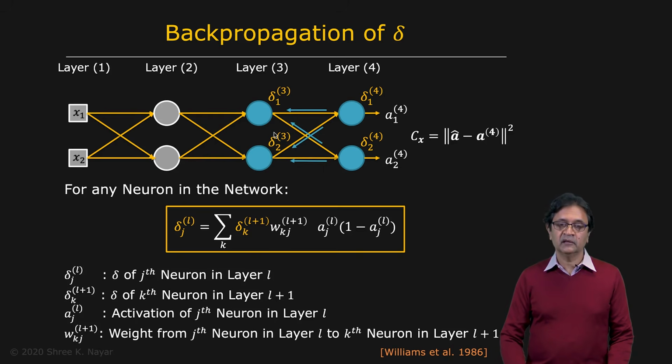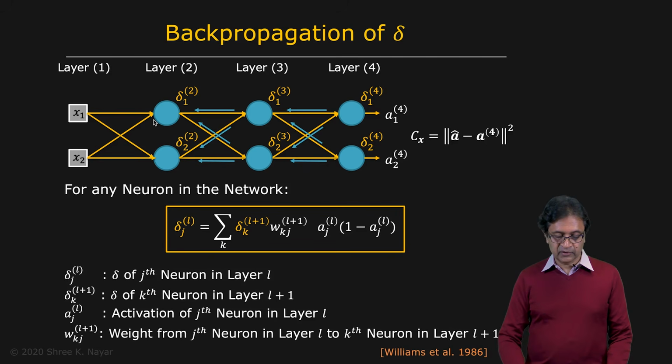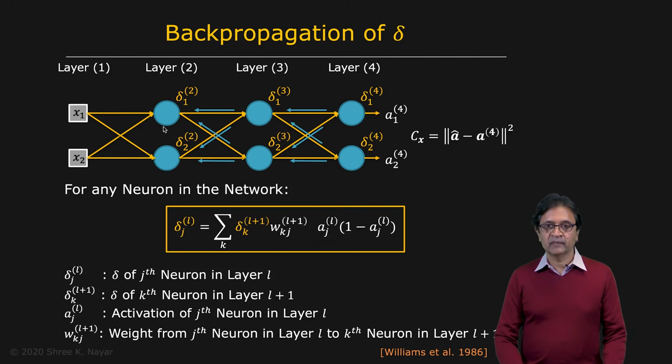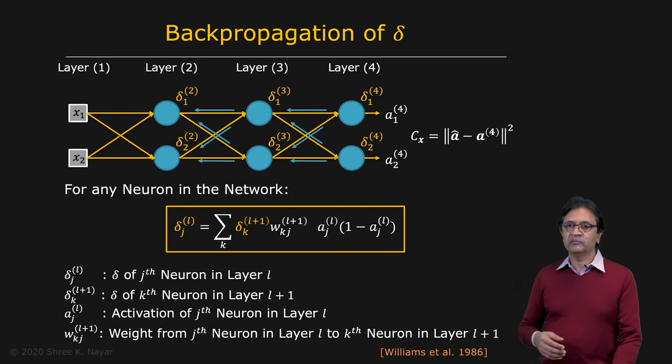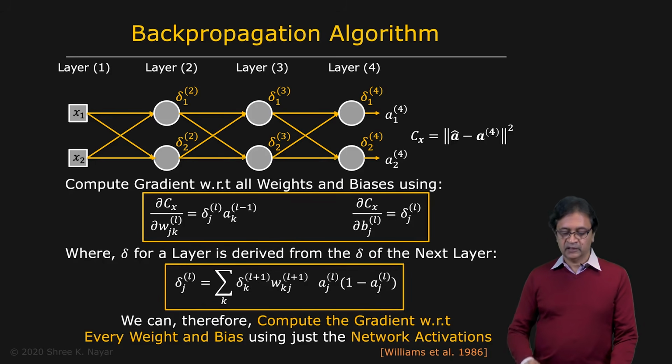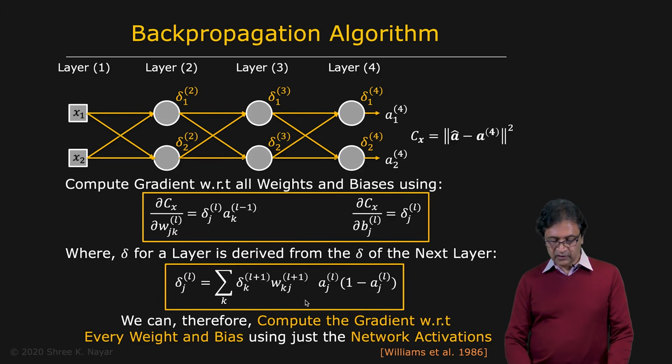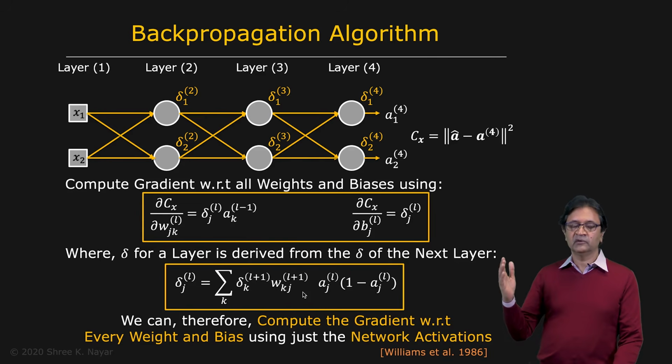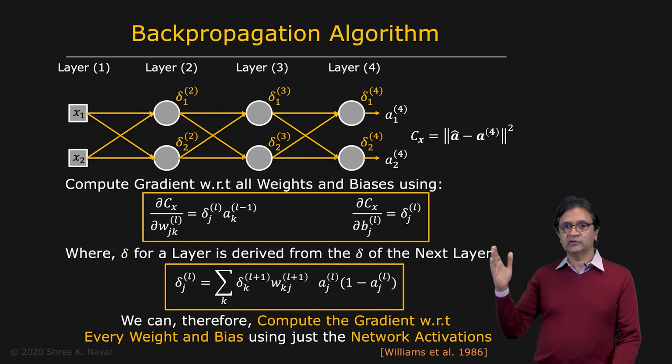Once you find that, you can use the same argument, then find the deltas for the previous layer, and so on. And therefore, the way backpropagation works is that you first go in, and take a look at the second expression here, you go in and find the delta values for all the neurons in the output layer, propagate them back to the previous layer and the previous layer and so on.